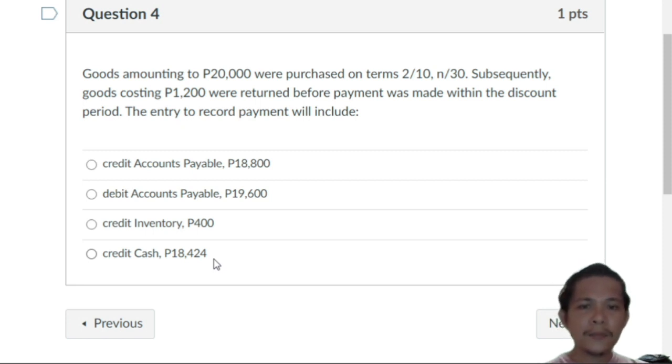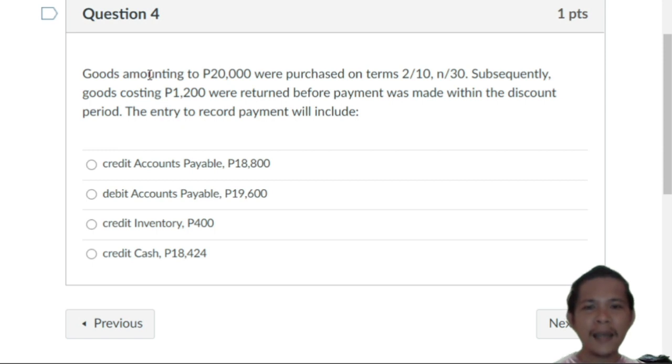Ang mga key terms mo dyan is purchased, tapos before payment was made. Ibig sabihin, ikaw yung bumili. So, ikaw si buyer. So, ito ay purchases mo or your merchandise inventory. Siyempre, depende yan sa inventory system na ginagamit. Pero dito, malaman natin. Ano ang journal entry natin dyan?